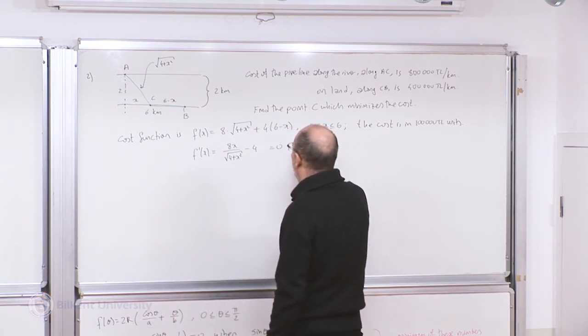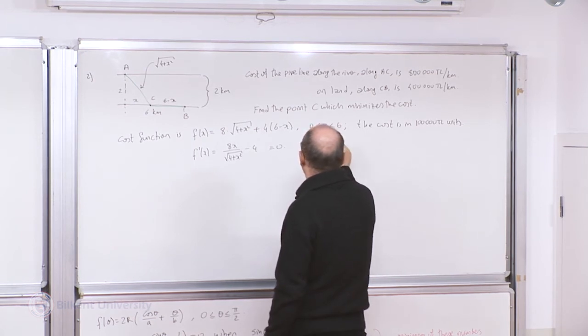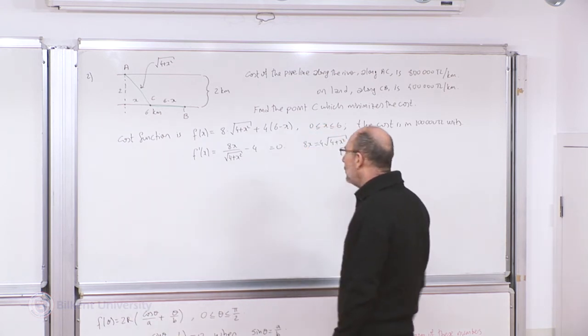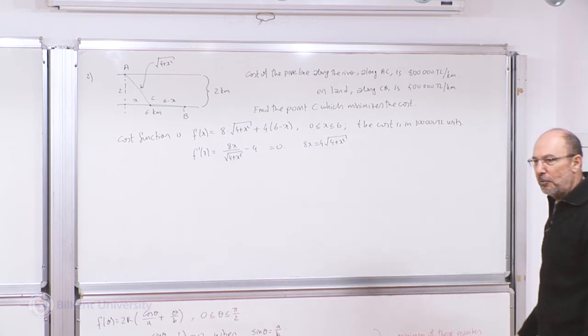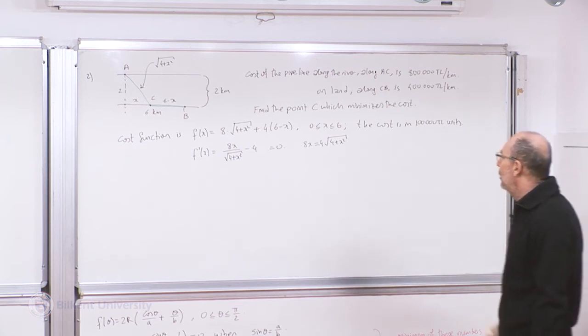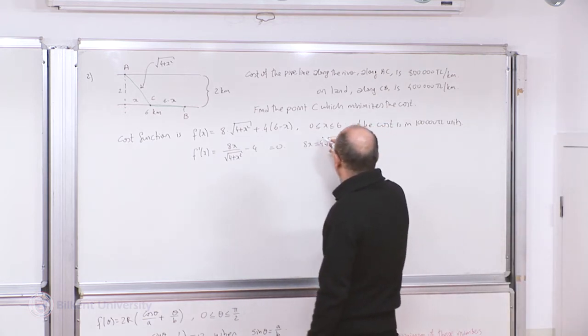We have 8x over the square root of 4 plus x squared equals 4. The denominator does not contribute to being 0, so cancel these things.